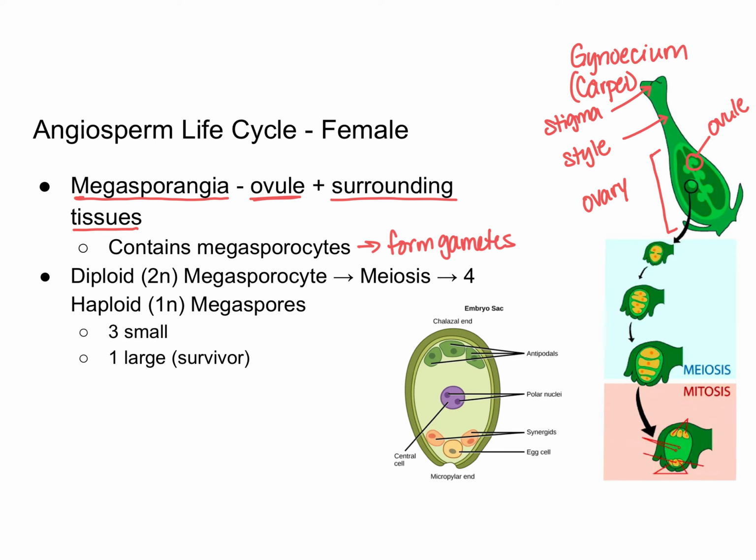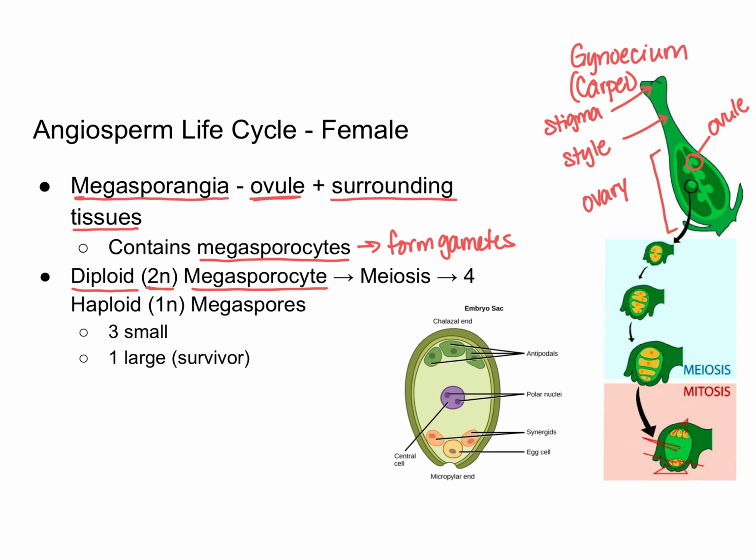So if we look at this next bullet point, these megasporocytes are diploid, which means that we also refer to them as 2N. And remember, this just means that there are two sets of chromosomes in these cells.